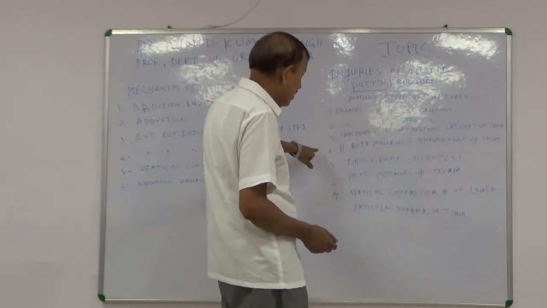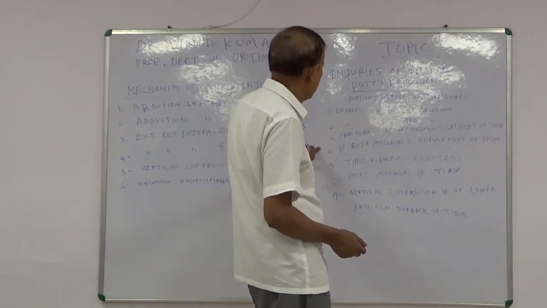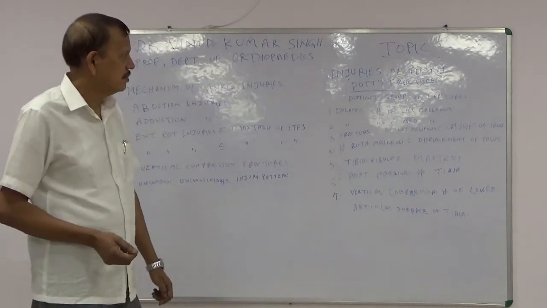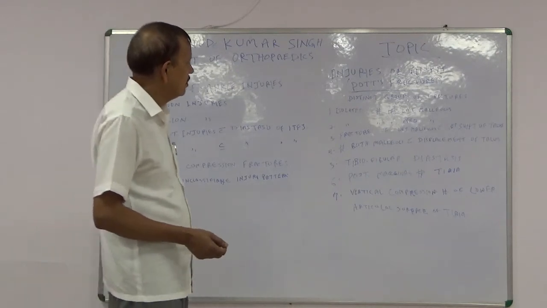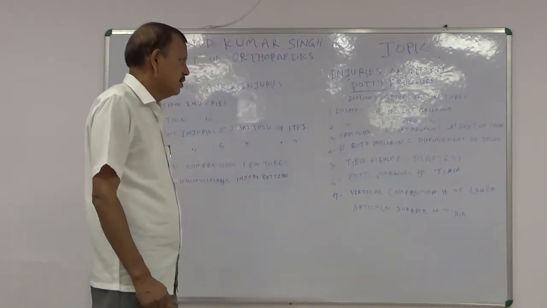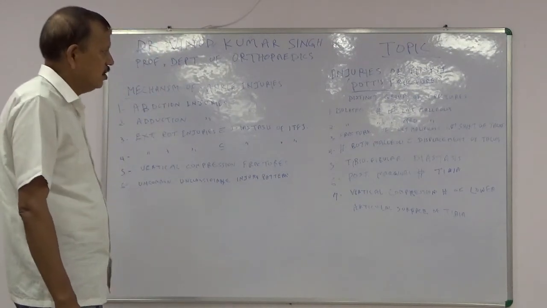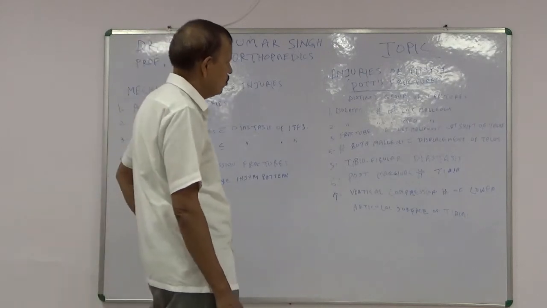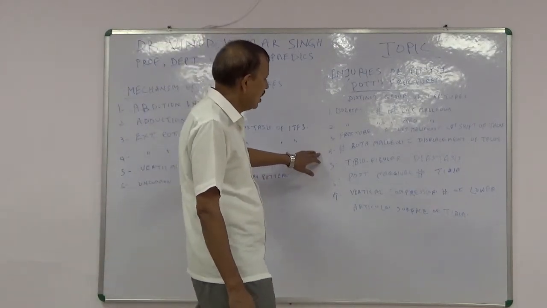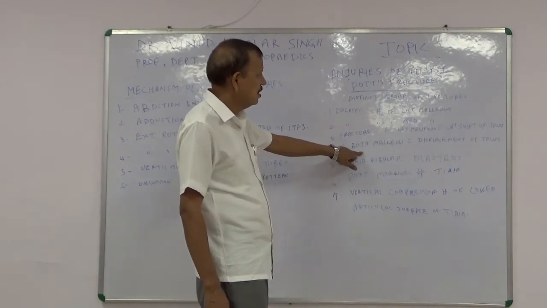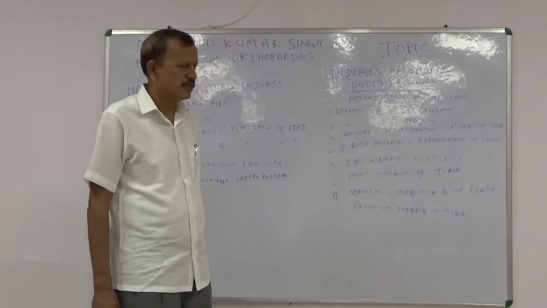If both malleoli are fractured with displacement of the talus, we must look at the condition of the inferior tibiofibular syndesmosis. If that is intact, we should do a reduction and fix the malleoli operatively. More often than not, they require operation, and usually fixing the medial malleolus reduces the lateral malleolus automatically.